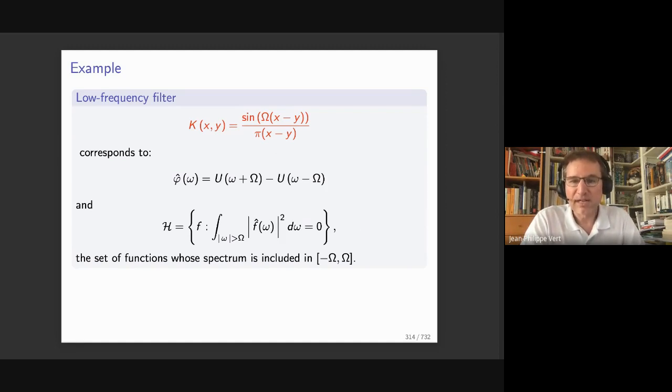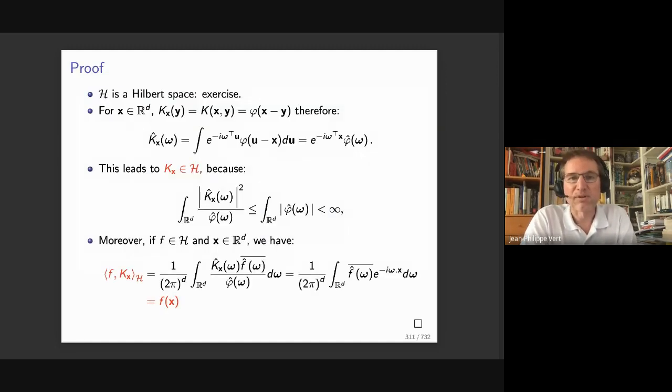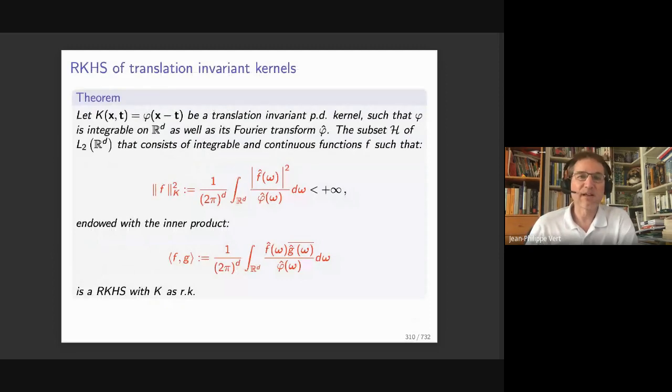Right. So if you want to do that, then again we can come back to this theorem and say how to make an RKHS such that the functions in the RKHS should have all their frequencies constrained in some interval, meaning that f hat of omega should be equal to 0 as soon as omega is larger or smaller than some values.